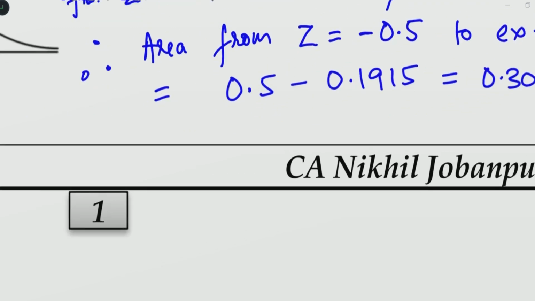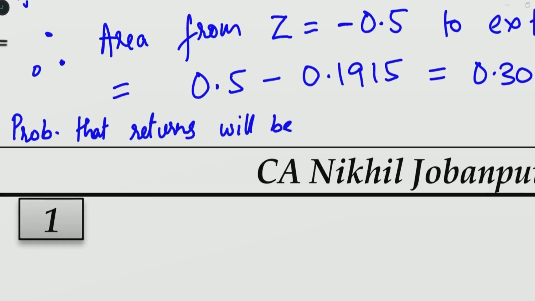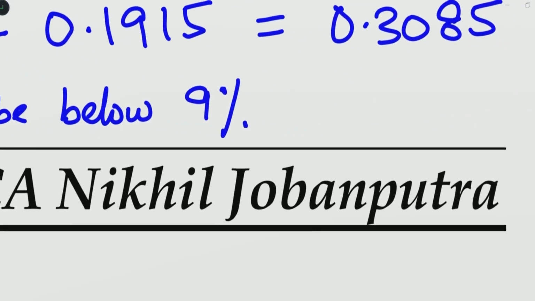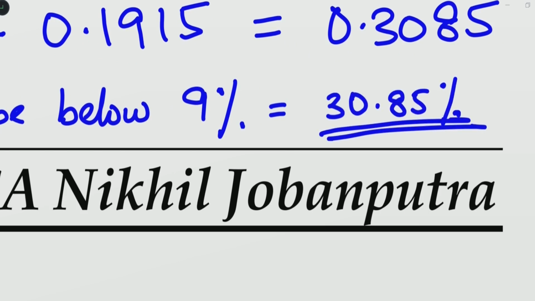And finally we will conclude, therefore probability that returns will be below 9%. I'm sure it is 9%, right? Yeah, returns will be below 9%. Returns will be below 9% equals to 30.85%. That's your final answer.